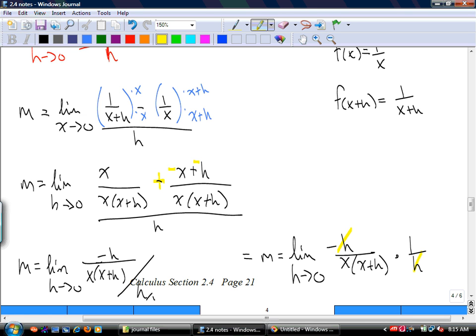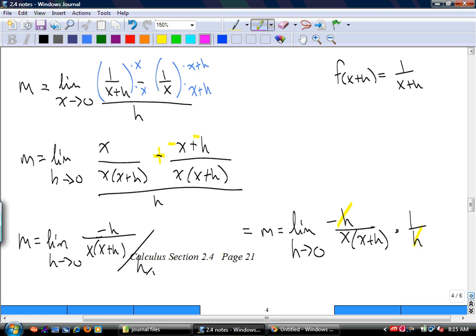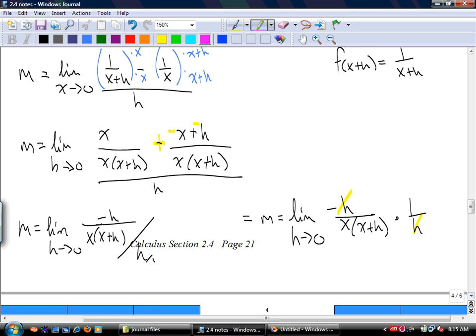X plus 0, x. So your denominator becomes negative 1 over x times x plus 0. Negative 1 over x squared.